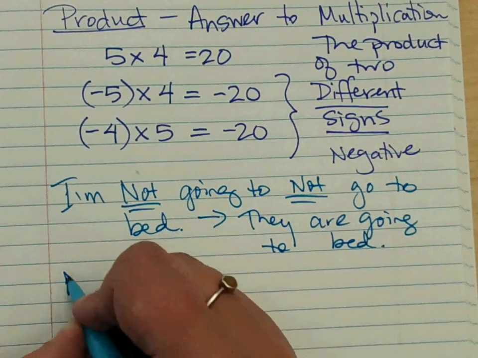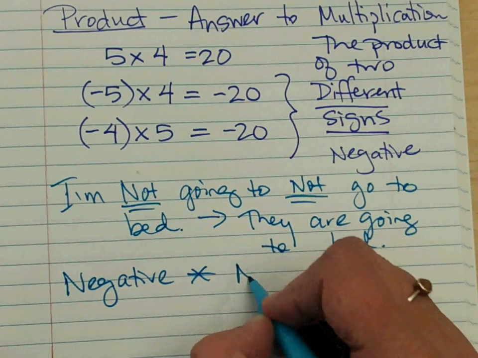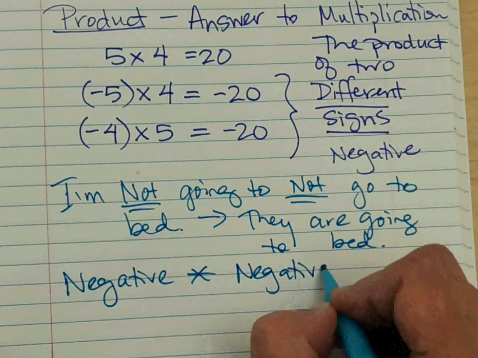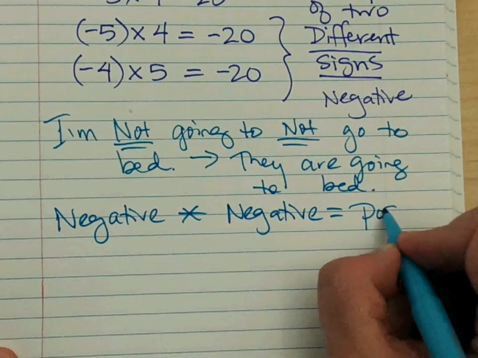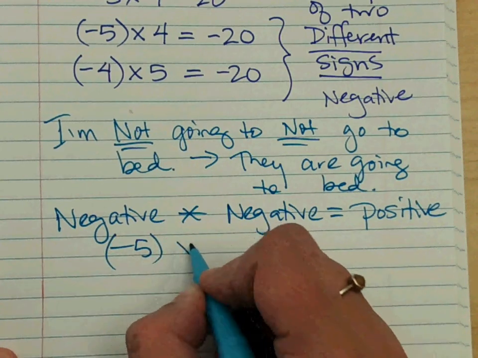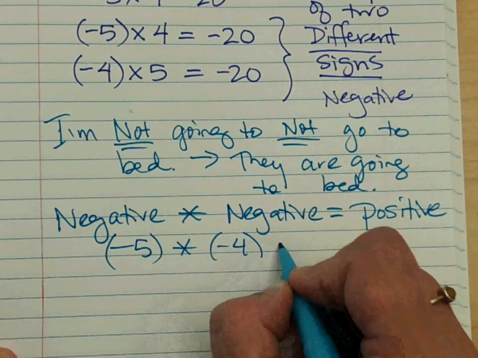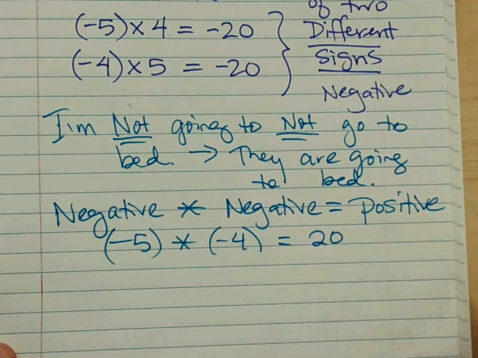So when we have a negative times a negative, what do we end up getting? A positive. So what would negative 5 times negative 4 be equal to? Positive 20.